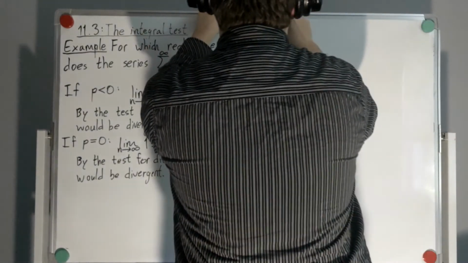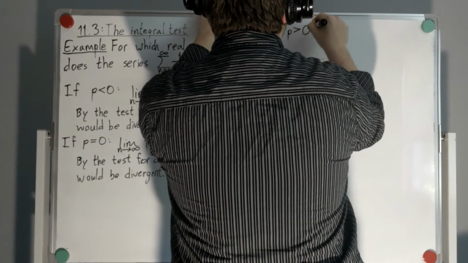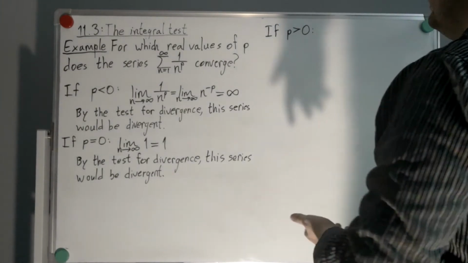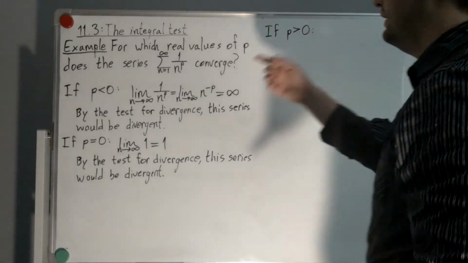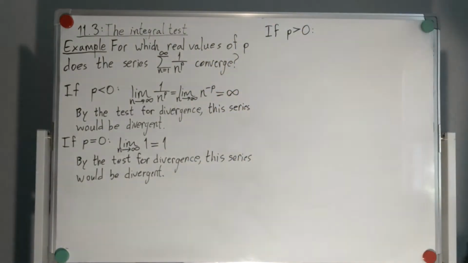Okay, so what happens if p is greater than 0? Well, if p is greater than 0, we're dealing with 1 over n to the pth power, and we're trying to determine whether that converges or diverges.